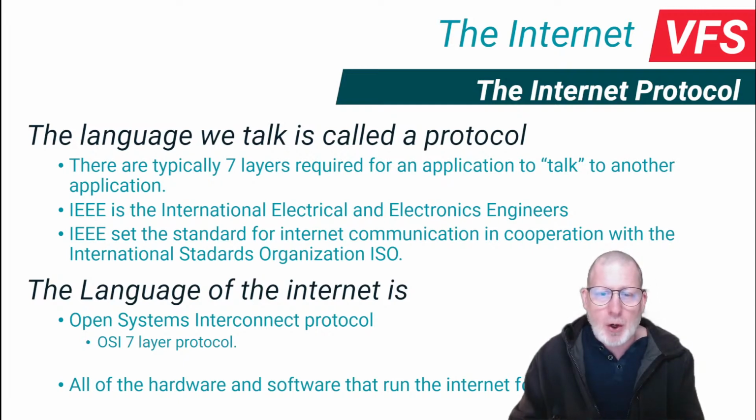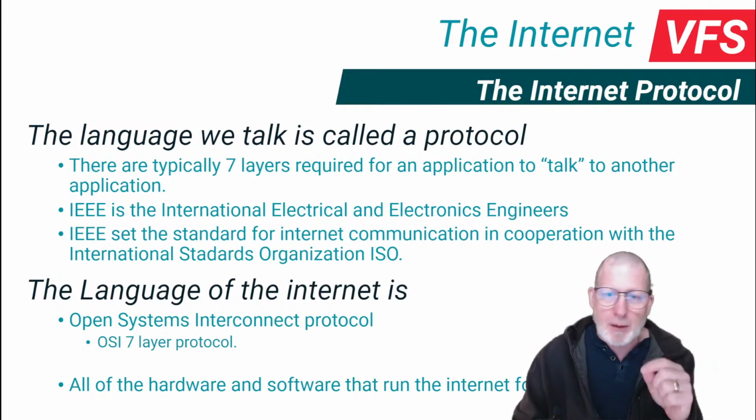The major protocol we talk about when we're talking about internet connectivity is what we call the Open Systems Interconnect protocol. This is the one we're interested in understanding, at a very high level, so we can flip a couple of switches in our software libraries to manipulate it.